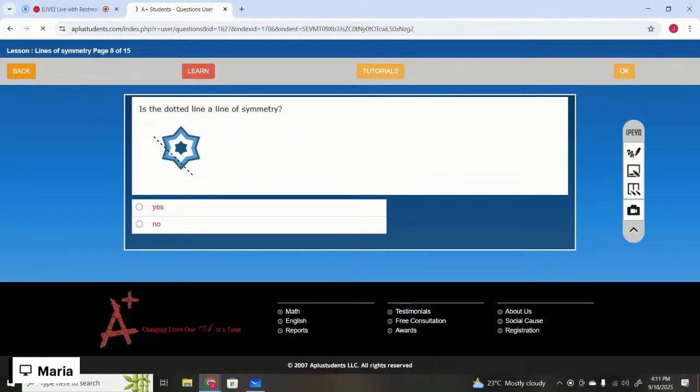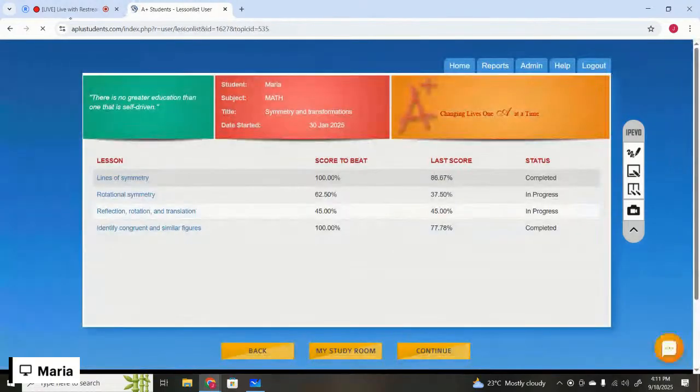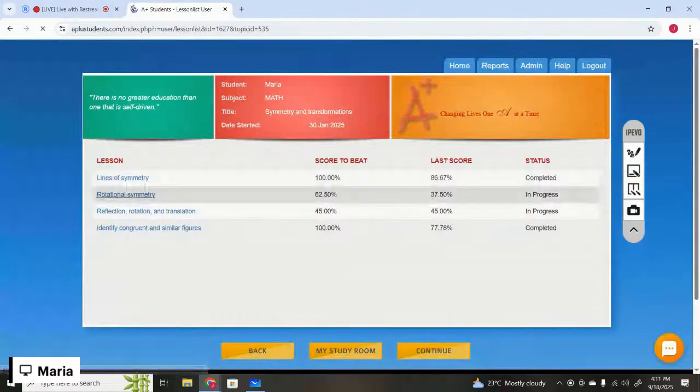The next lesson is rotational symmetry. Let's just start with the next lesson.